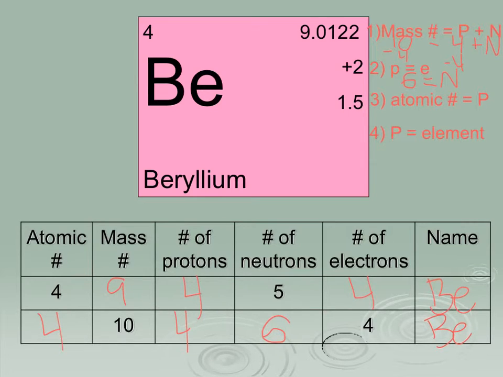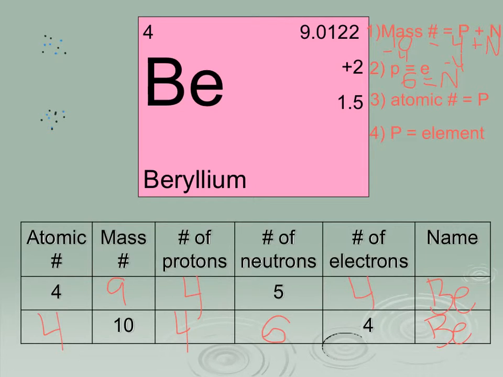Well, not necessarily, because you can have beryllium that's going to have, and they're all going to have 4 protons, so I'm just going to draw protons as blue dots. And then some of them are going to have 5 neutrons, which I'm going to draw as the black dots, and some are going to have 6 neutrons.